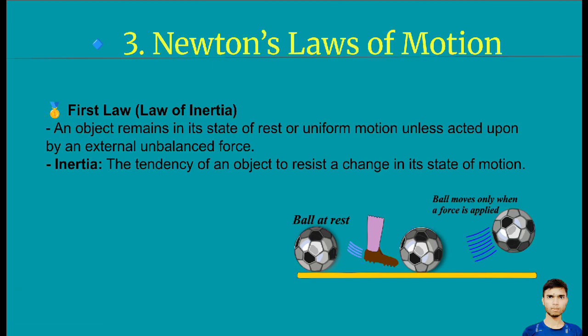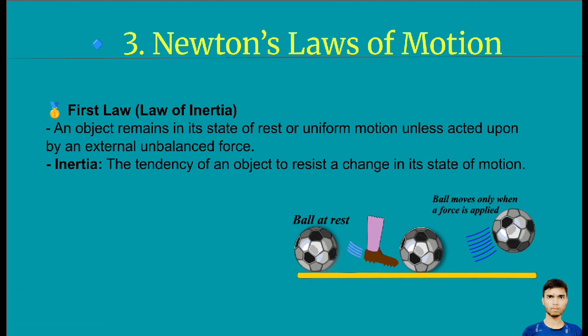As I told you, the law of inertia is also known as Newton's first law of motion. Inertia is the tendency of an object to resist a change in its state of motion. Remember, same as Newton's first law, the law of inertia.